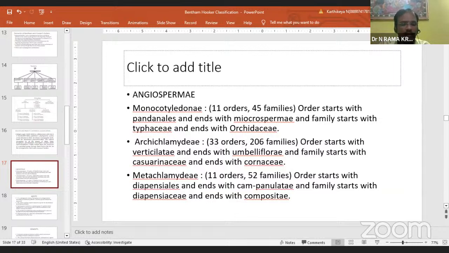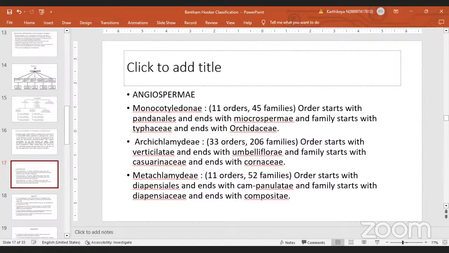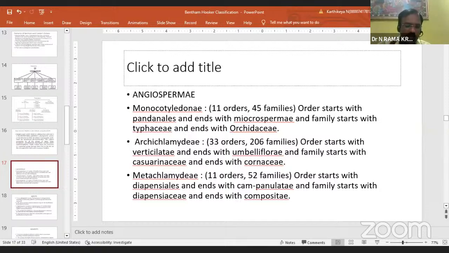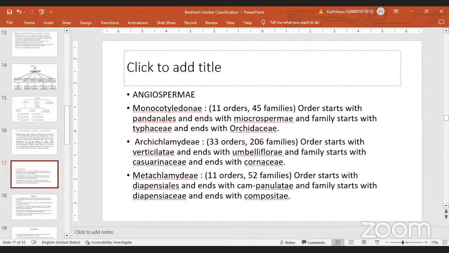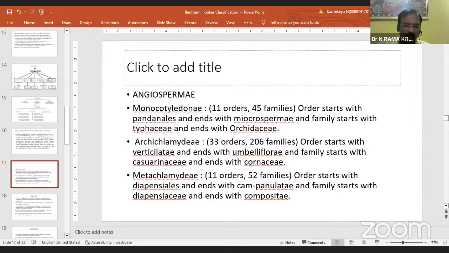Later we will discuss what the subclass and class are. But the first point is that in Engler-Prantl the entire plant kingdom is divided into 13 divisions. That includes Embryophyta and Siphonogama, meaning including seed plants also. The seed plants are divided into gymnosperms and angiosperms.